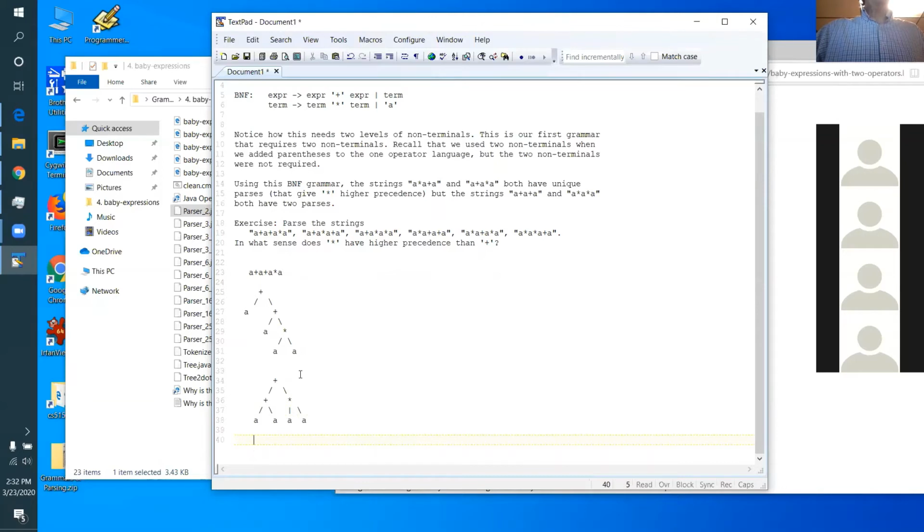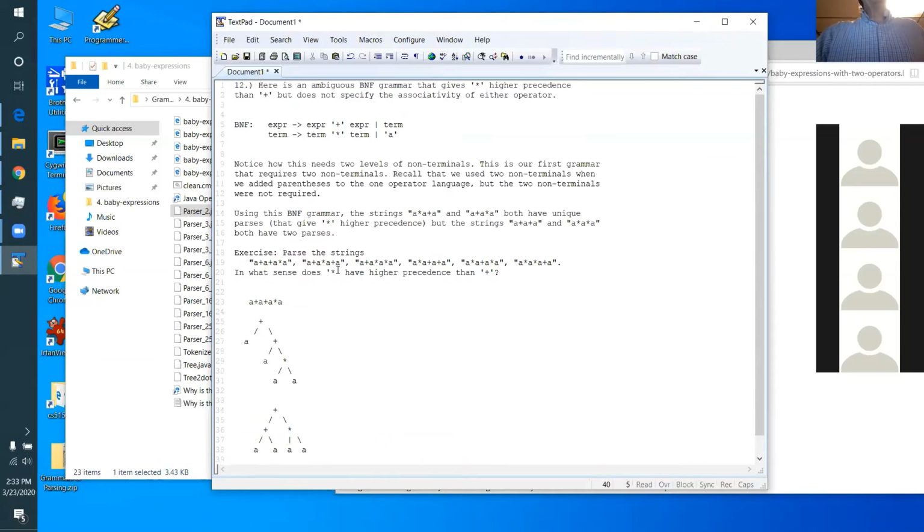Now, notice that the times is getting pushed down. The times is lower in the parse tree. This is the idea that the multiplication has higher precedence. By making the times a subproduction of this guy, you're essentially pushing the times always farther down in the parse tree.